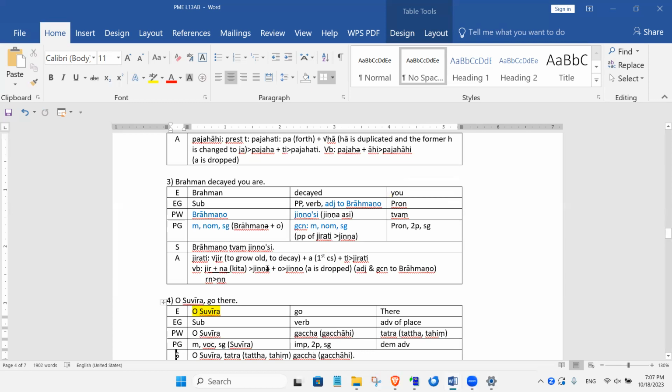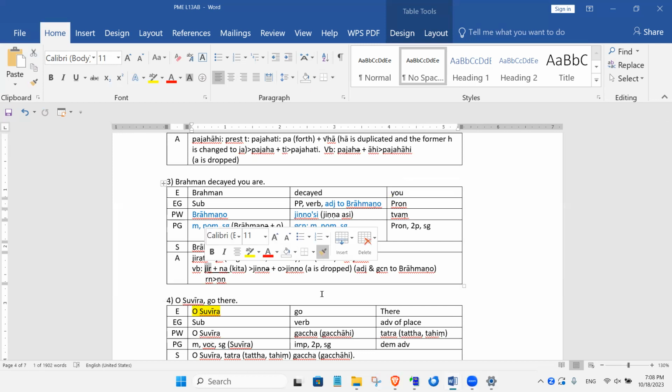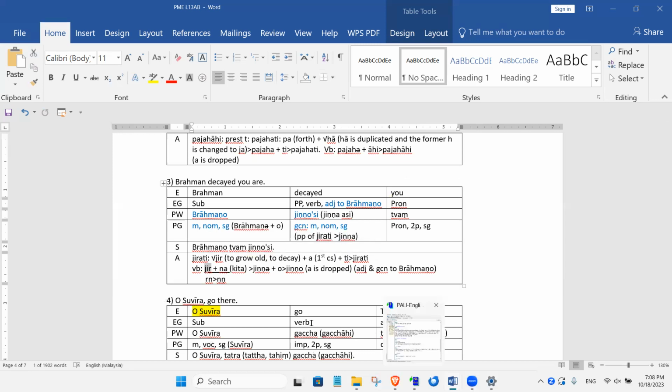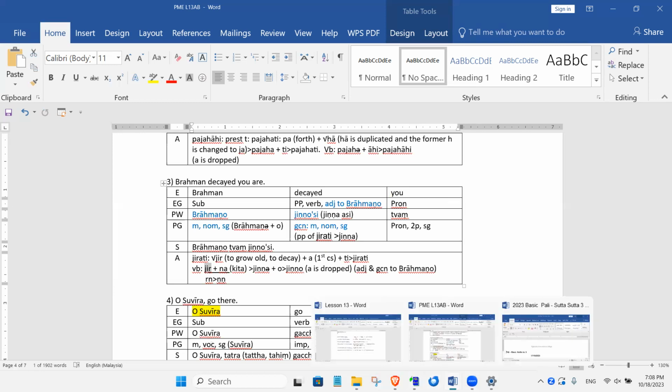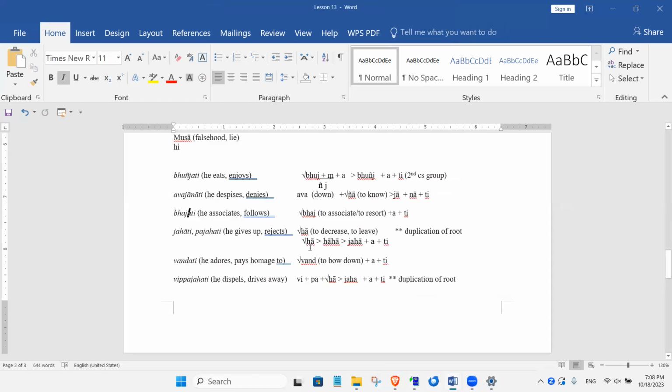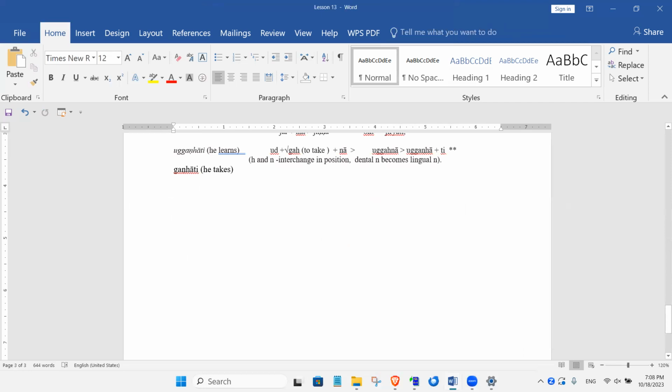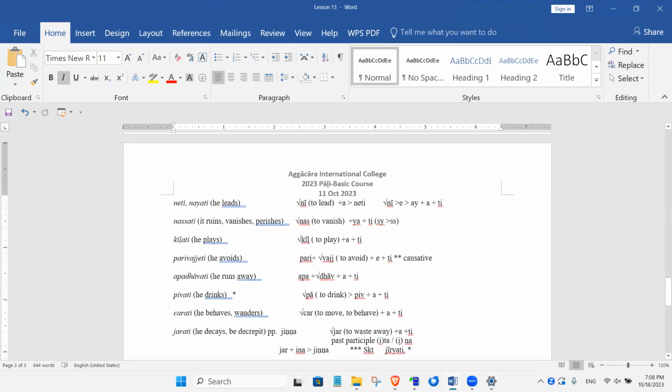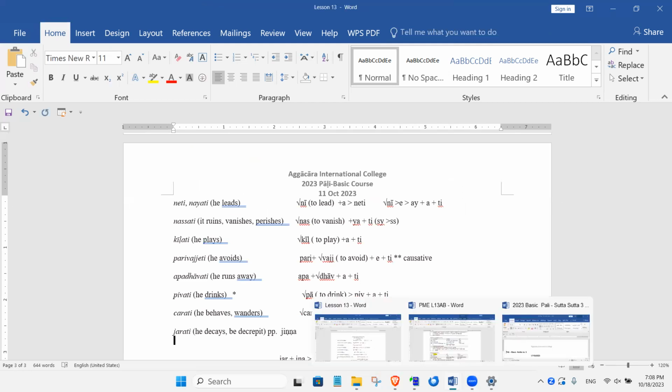Okay, ji plus na, Jina. But the root is not ji, no? The root is jar, okay? The root is not ji. The root is jar. Okay, noted. Thank you.